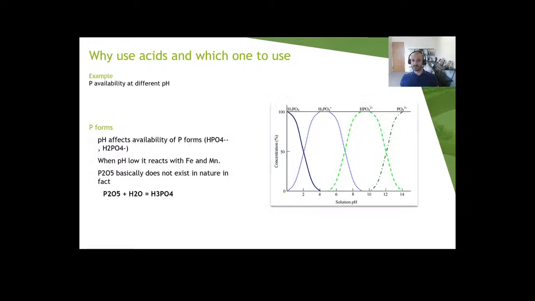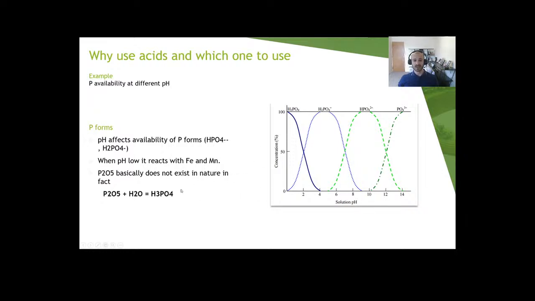And I also brought an example of the availability of phosphorus. Phosphorus, together with others, especially the micronutrients, is very pH dependent. The availability of it is very pH dependent. In fact, as examples, iron and manganese are also affected by pH.